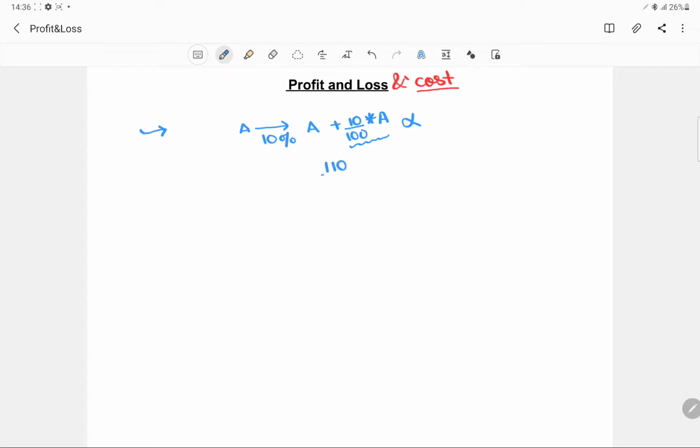So the increased value would be 110 upon 100 into A.